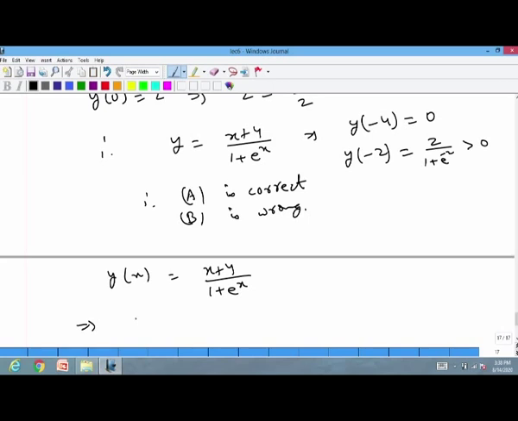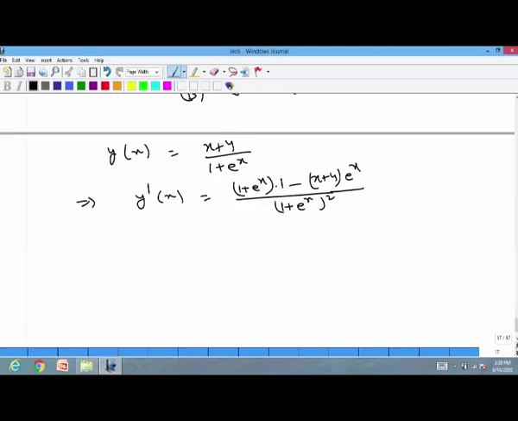This implies y dash x is equal to (1 plus e to the x) times the derivative of x plus 4, which is 1, minus (x plus 4) times the derivative of the denominator, which is e to the x, divided by (1 plus e to the x) square.